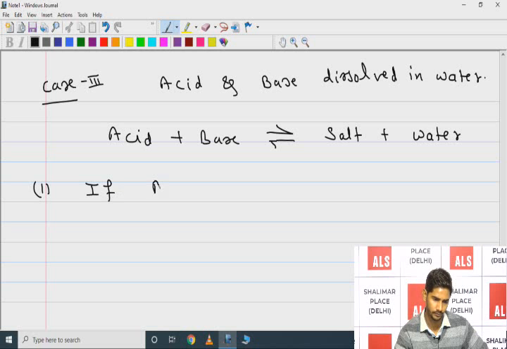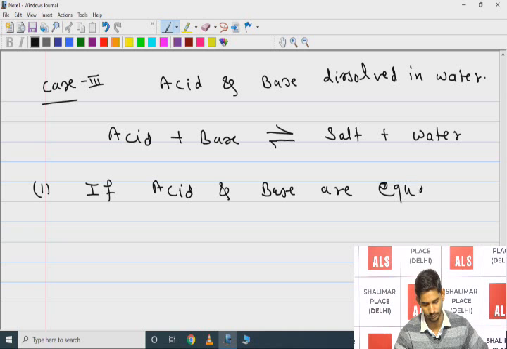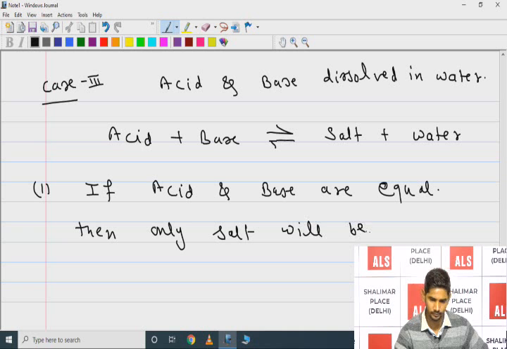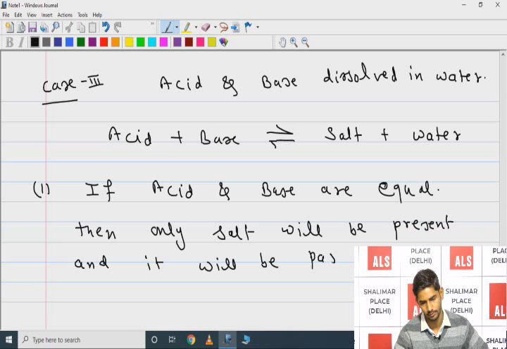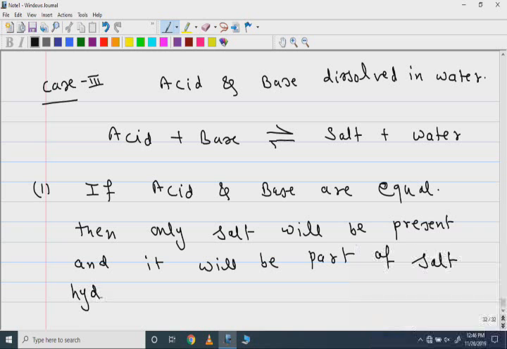If acid and base are equal, then only salt will be present, and it will be part of salt hydrolysis.